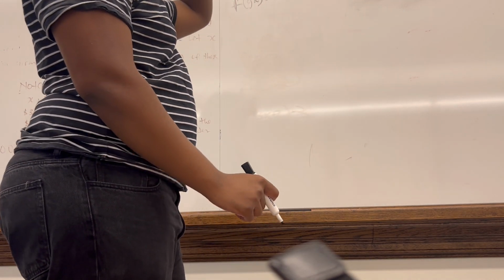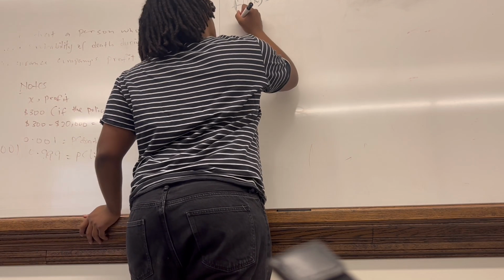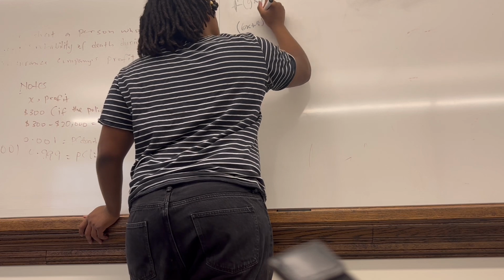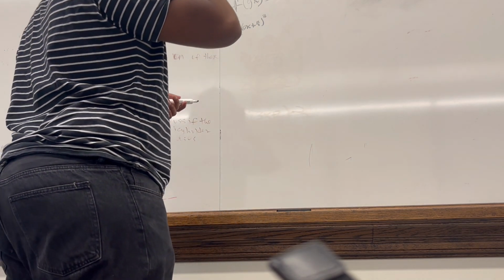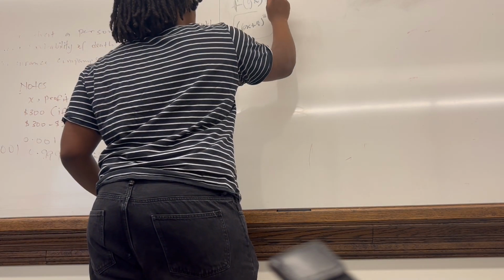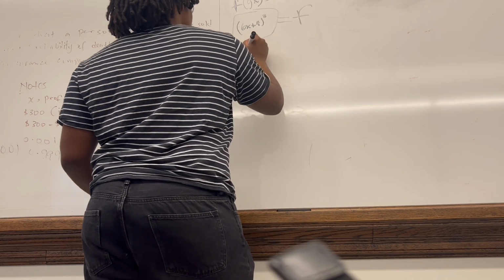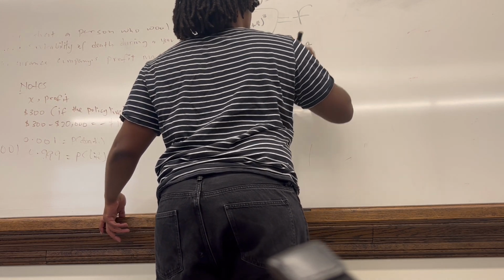Let me show you an example because I find those easier to look at than formulas. Let's say you have 6x plus 4 to the power of 3. Your f would be all of this, and then your g would be 6x plus 4.